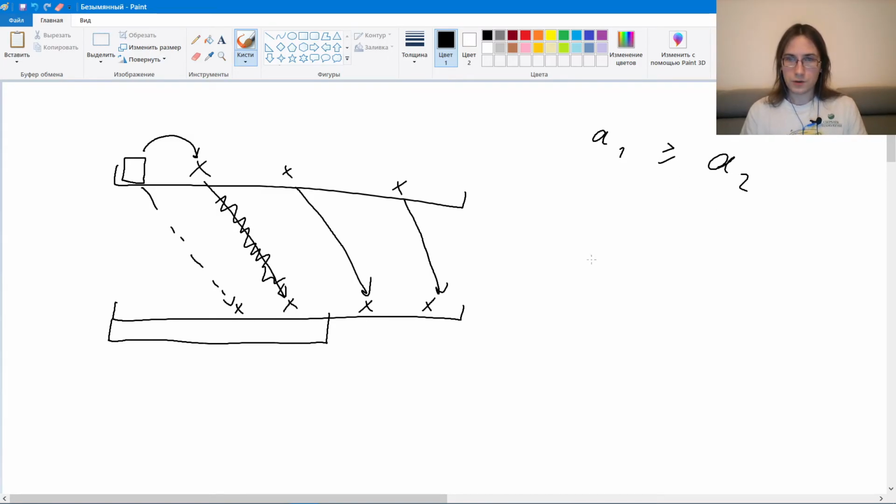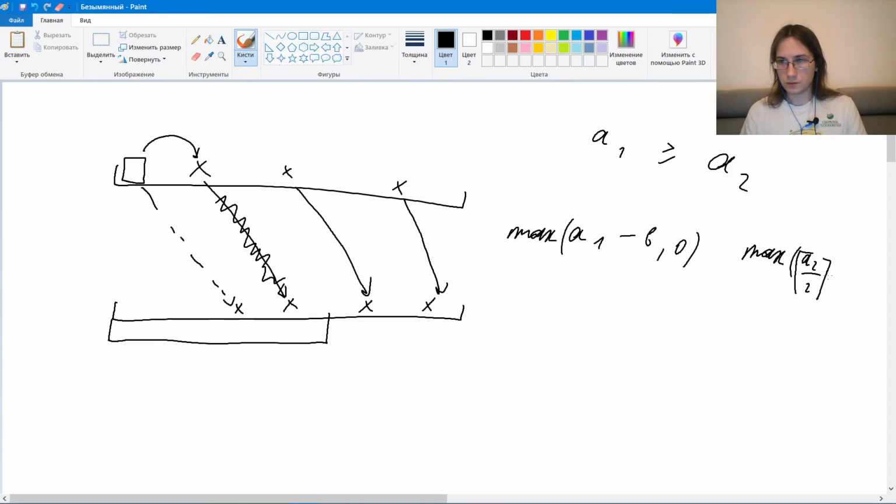In the first scenario, we used to subtract b and take max of 0 on this from a1. And we used to subtract b from a2 over 2 rounded up and take max of 0 on this. In the second scenario, we do the opposite.